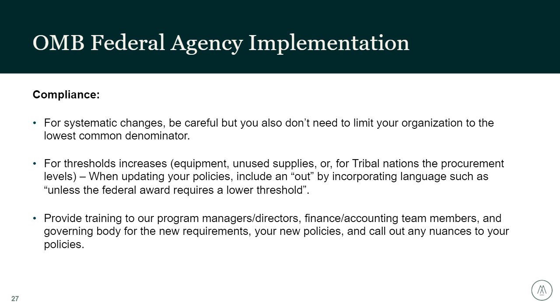So make sure they're aware of your policies, and that your policies are not a blanket policy but say that they'll follow the federal requirements if it is a different threshold. Call out nuances in your policies to make sure you stay in compliance with these requirements, but you're not going into the ring with one hand tied behind your back. You're making sure that you're also providing this flexibility to your entities.